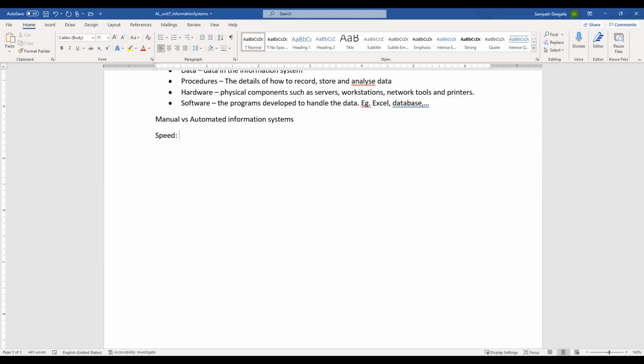We can say manual systems are inefficient since it takes a lot of time to process information.